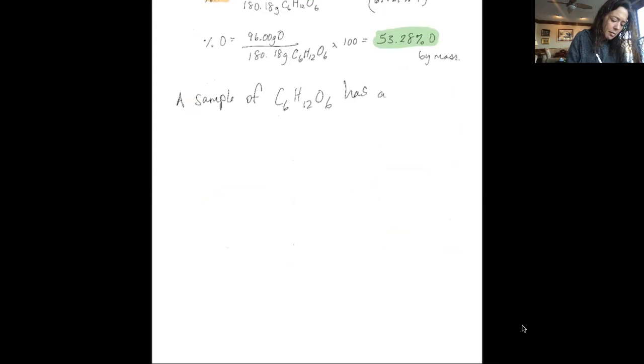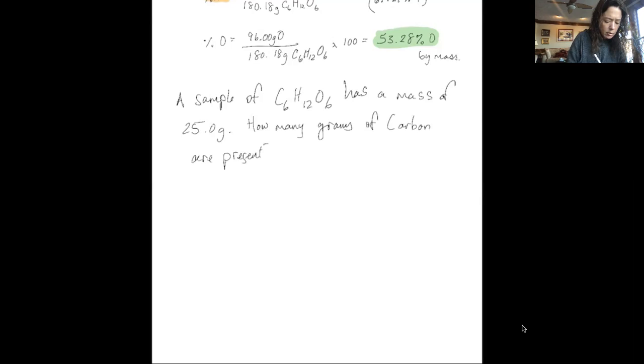Has a mass of 25.0 grams. How many grams of carbon are present? Hydrogen, oxygen. All right, so I want you to understand the scenario.